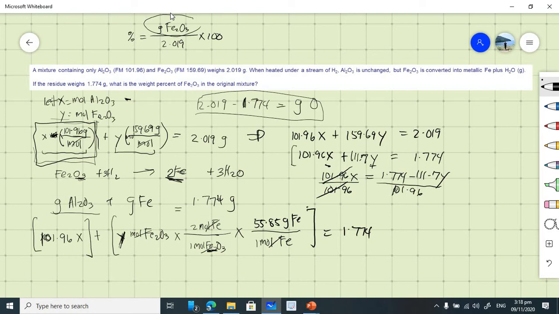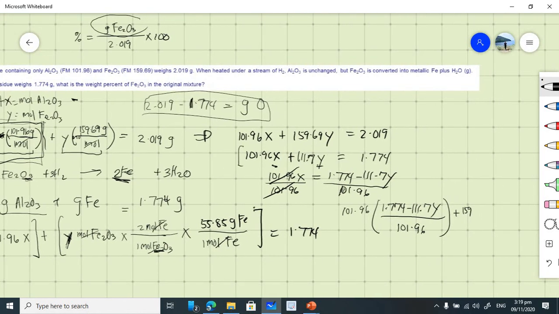That's 1.774 minus 111.7y over 101.96, plus 159.69y, which is equal to 2.019.